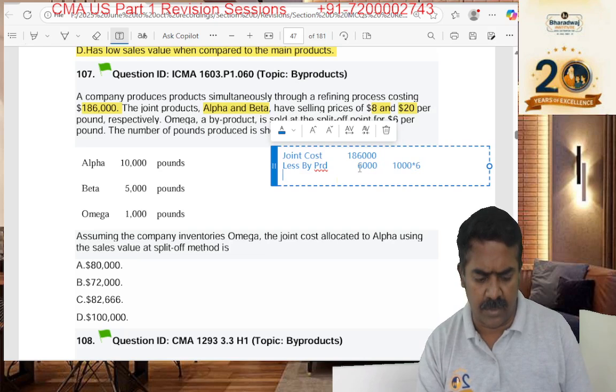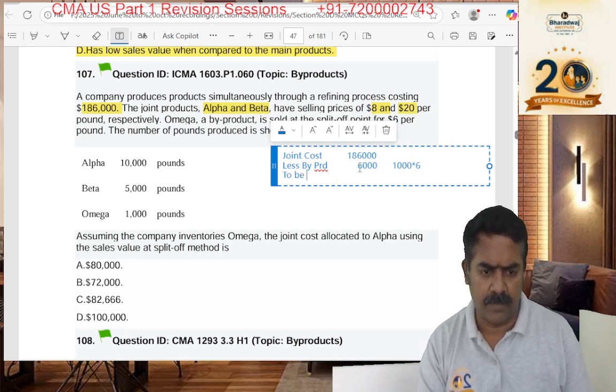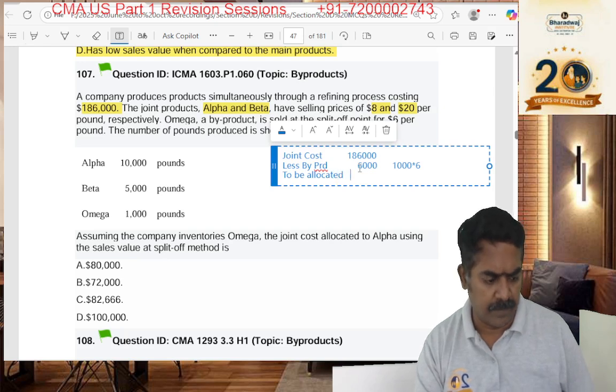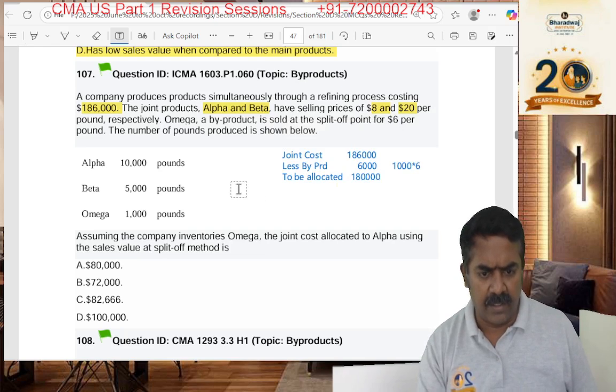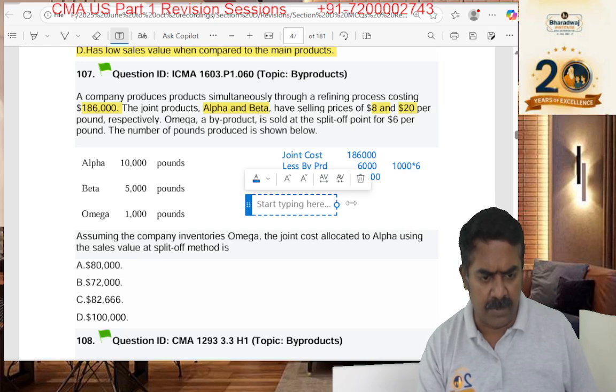So what is the net cost to be allocated? 1,80,000 is the cost to be allocated based on the sale value at split off.